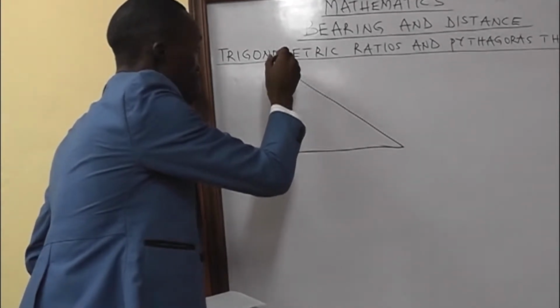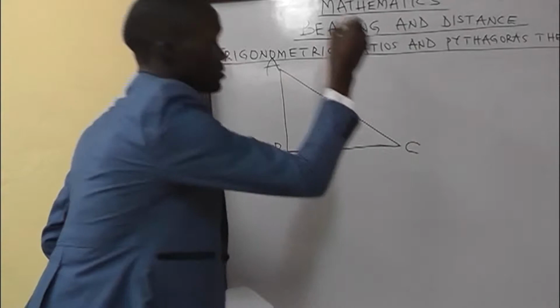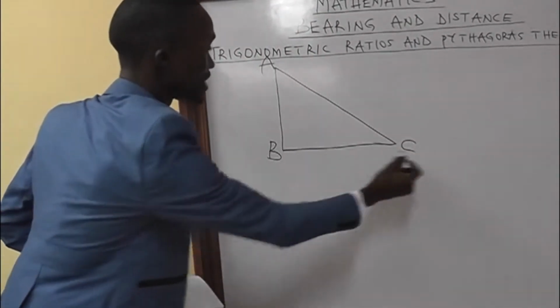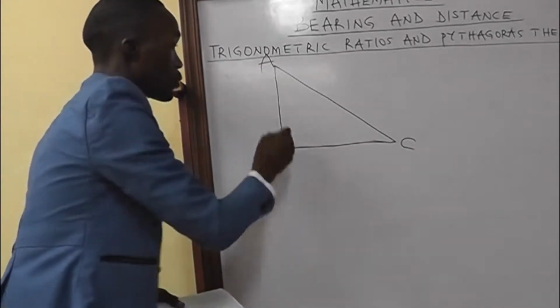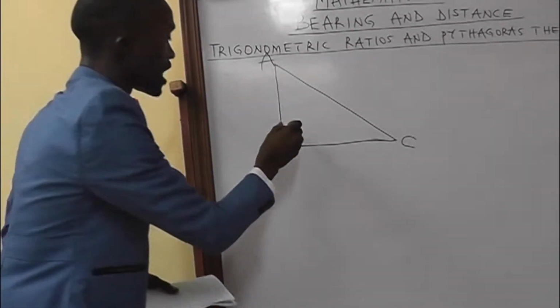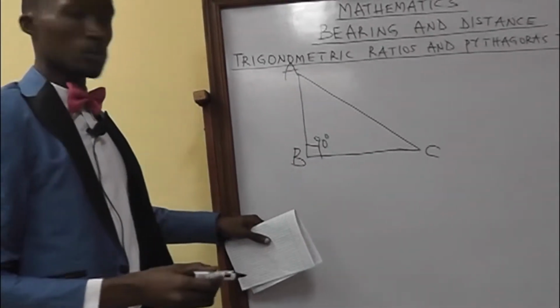So you assume that this one is A, and this one is B, and this one is C. When we have something like this that is perpendicular, we call it a right angle triangle. A right angle is an angle that is equal to 90 degrees.